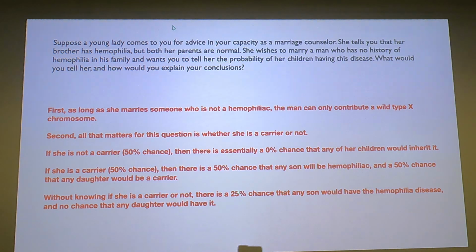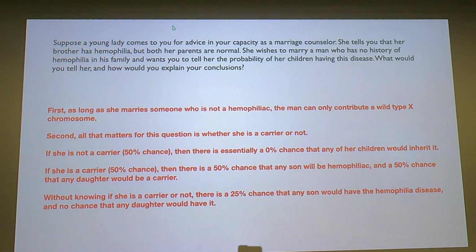So that means that without knowing her genotype, as she's sitting there in your office, you can tell her that right now there's about a 25% chance that any son would have the hemophilia disease. So, which means there's a 12.5% chance that your next child would have hemophilia. And if you're like that previous woman, and you have 14 sons, pretty good chance you're going to get a hemophilia out of that, right?